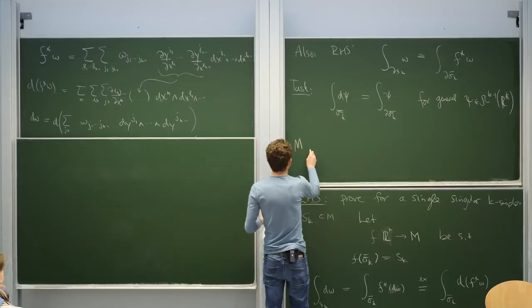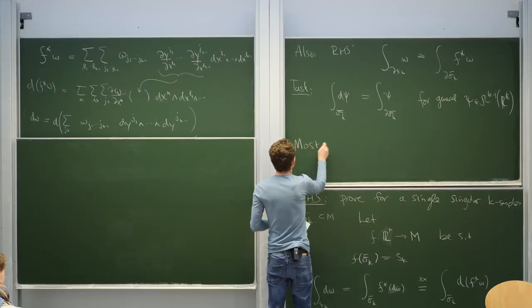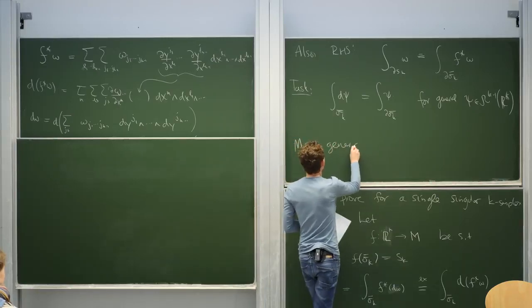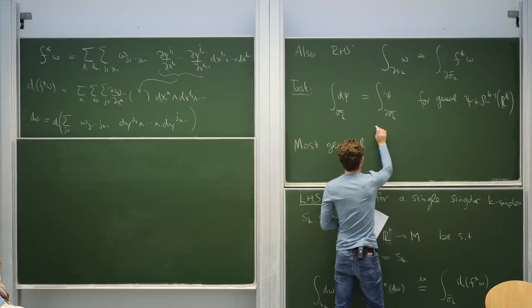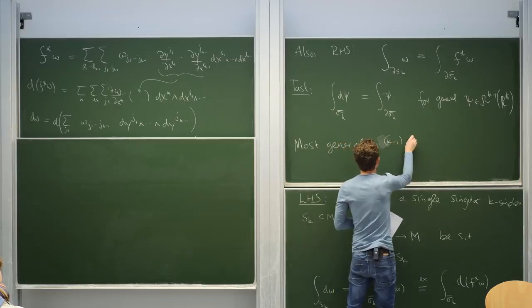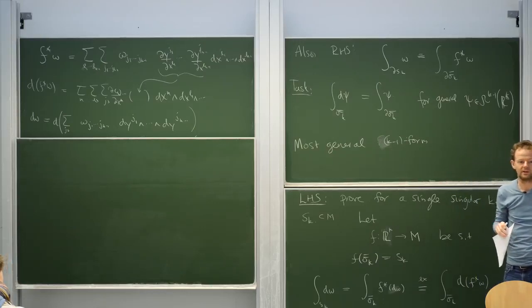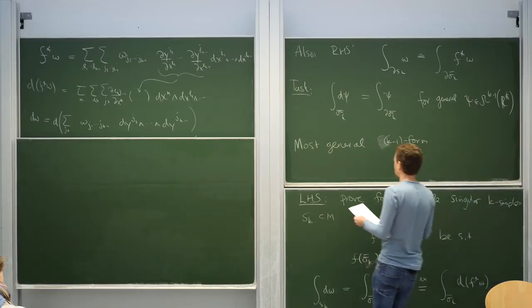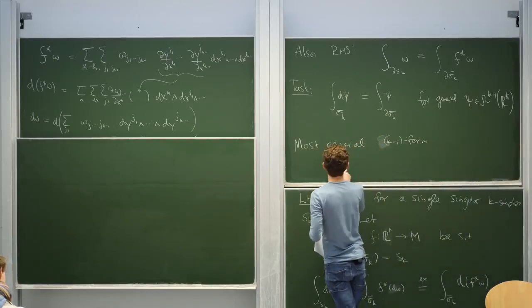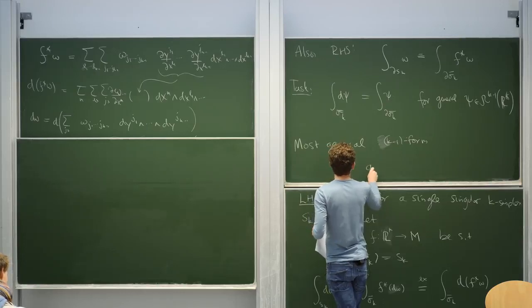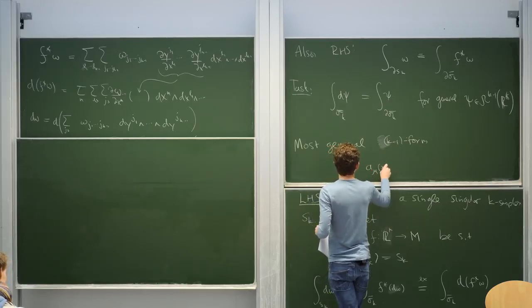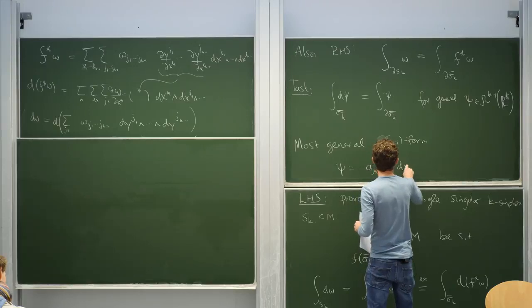I think we're going to do the left-hand side first. What does the most general k minus 1 form look like on R to the k? Yeah, it's a linear combination of basis forms, a mu, which depends on coordinates.